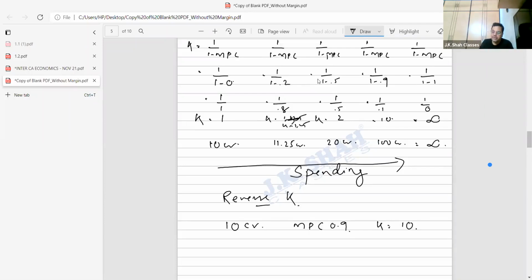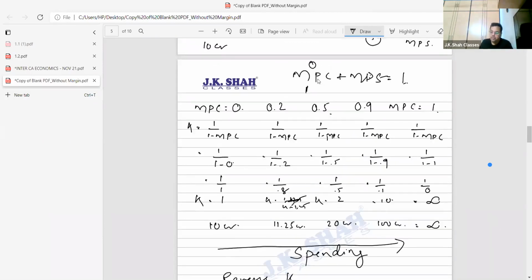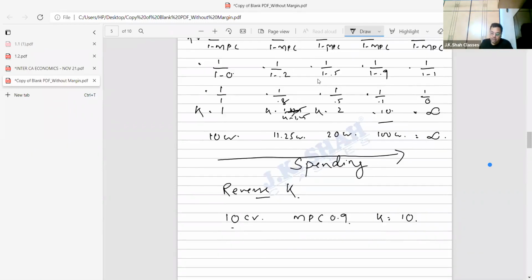How does K become 10? Look here. When it was 0.9, it was 1 upon 1 minus 0.9. Government makes investment of 10 crore, MPC is 0.9, multiplier is 10. So 10 crore rupees become 100 crore.